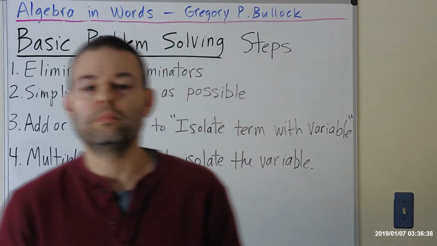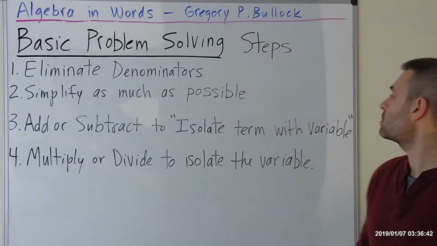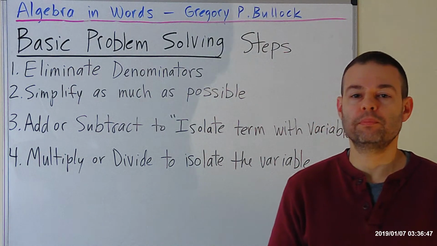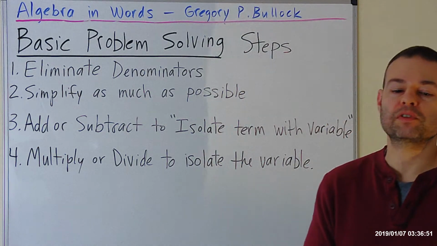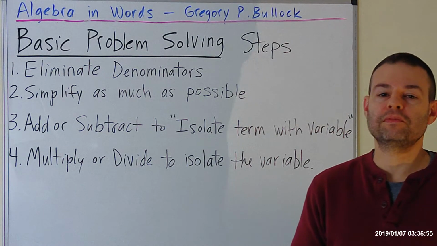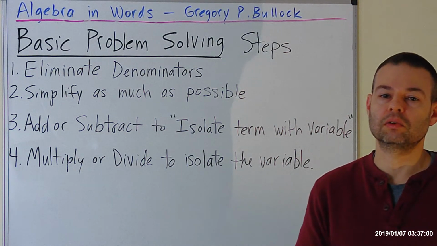Okay, so before we do an actual problem solving, I put up 4 basic steps that we want to use for basic problem solving. And if you follow these steps, especially if this is very new to you and it can be confusing, hopefully it'll make it very clear as to what to do and in what exact chronological order.